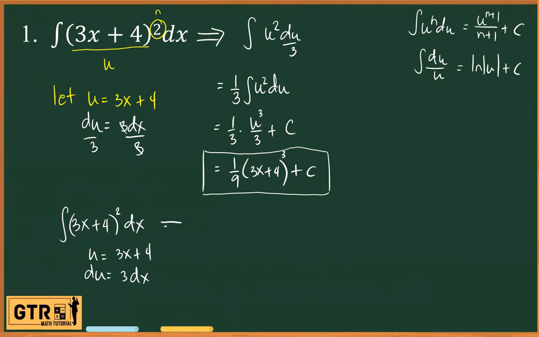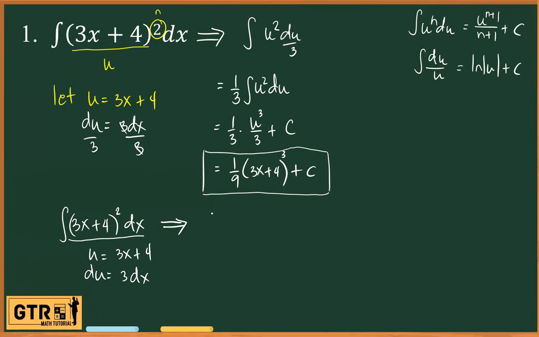As you can see in our original expression, we have (3x plus 4) squared times dx, but our differential is 3 dx. So it is the same if we multiply this expression by 3 dx and by 1/3.